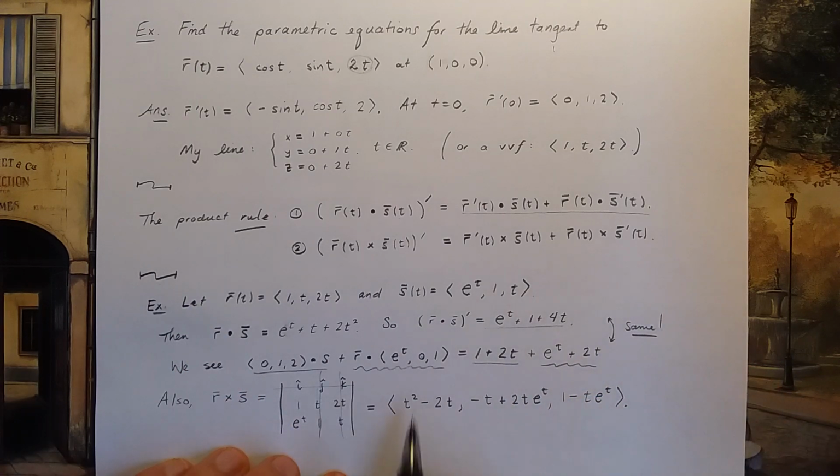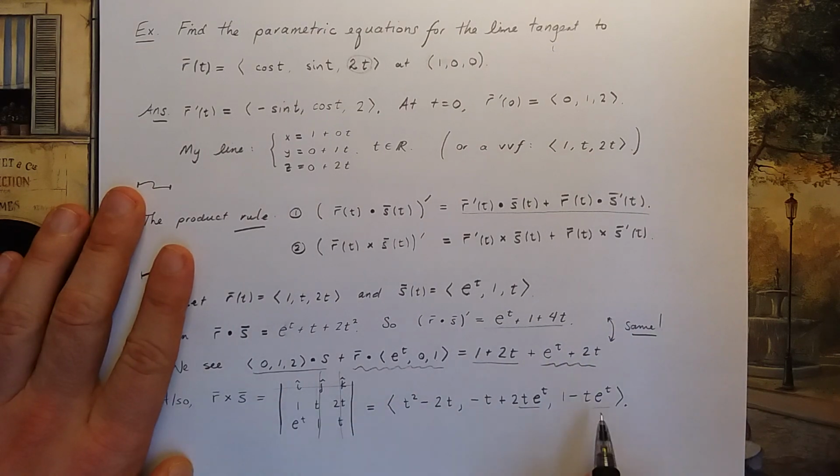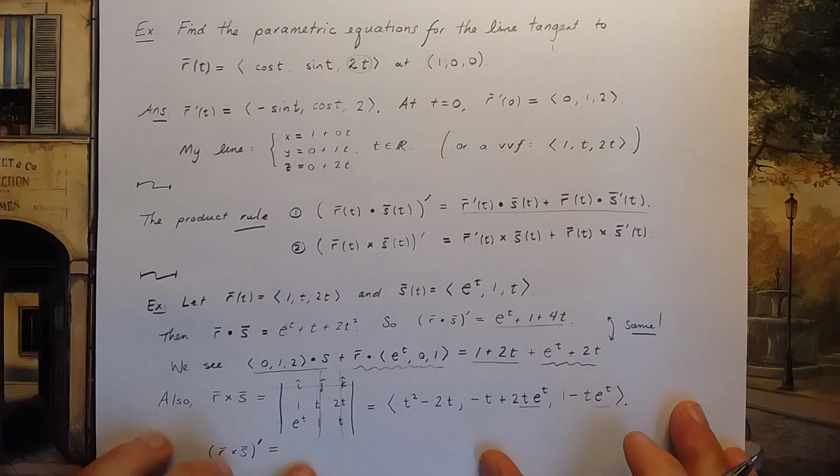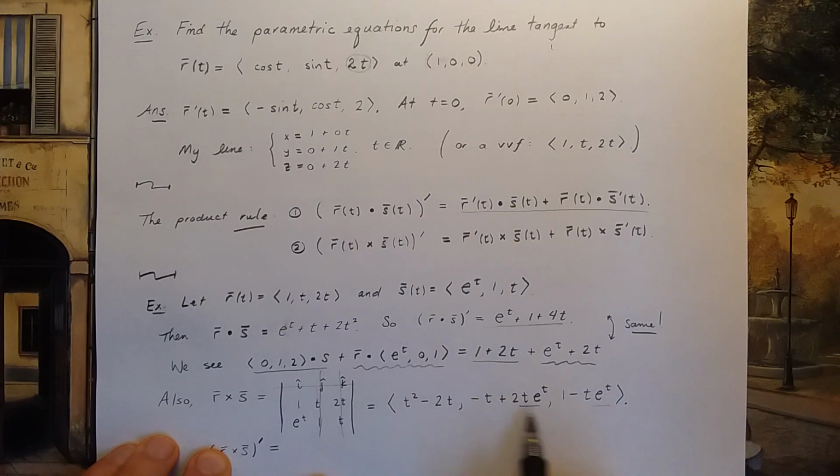So now that I have this, I kind of regret doing this example because I'm going to have to do a lot of calculations. But maybe it's not so bad. The derivative of r cross s, I can find by taking the derivative of each component. So the derivative here would be 2t minus 2.